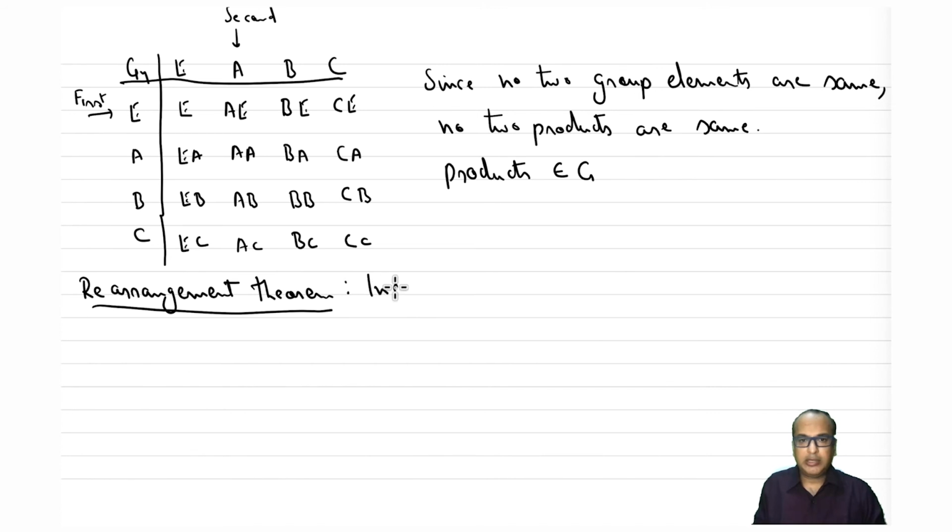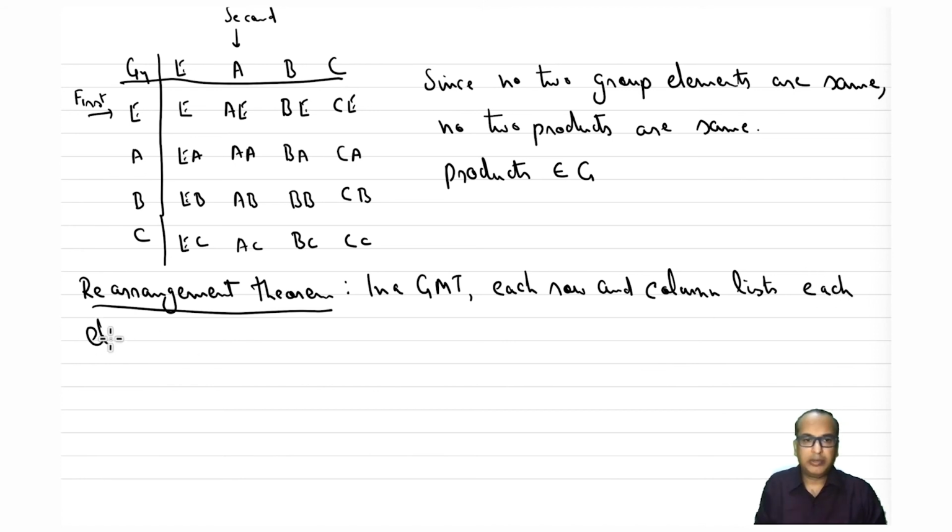It says that in a group multiplication table, each row and column lists each element in the group once and only once.